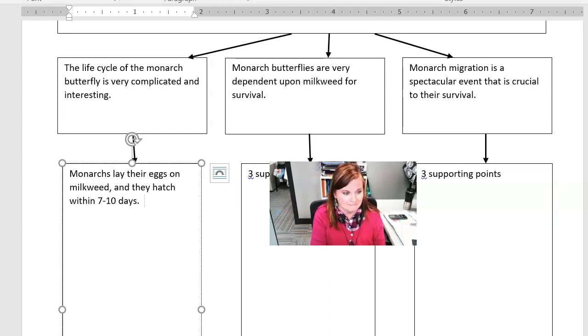That's point number 1. Point number 2, monarch caterpillars, we call them larvae too, but we'll call them caterpillars. Caterpillars go through 5 instars.